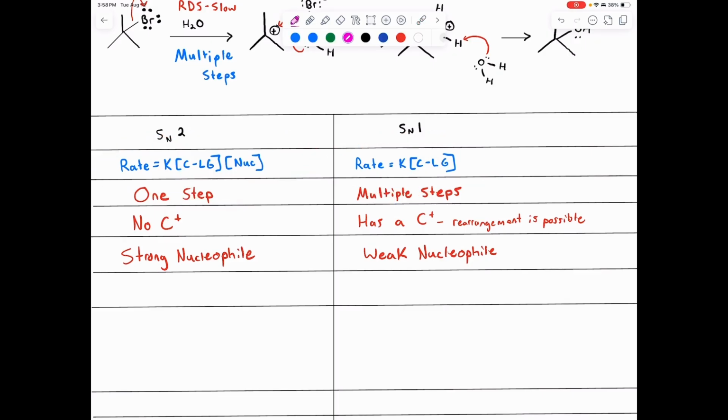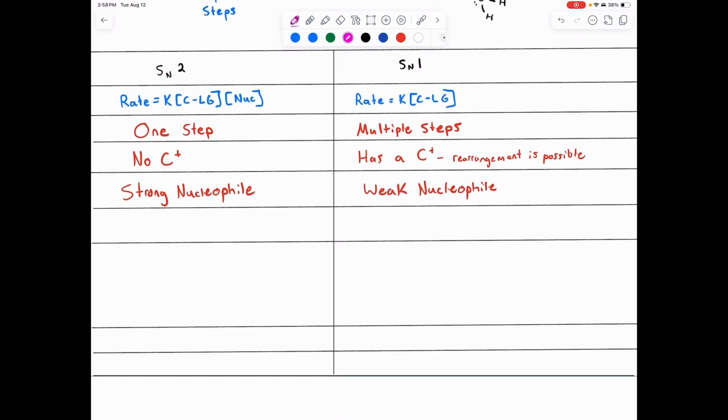So there's one key similarity between SN1 and SN2. And I'm going to put this in big letters. Both need a good leaving group because the leaving group is involved in the rate determining step.